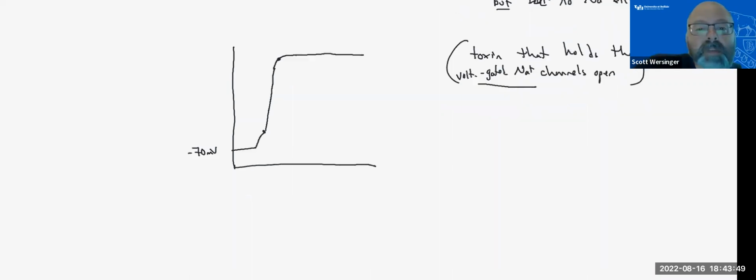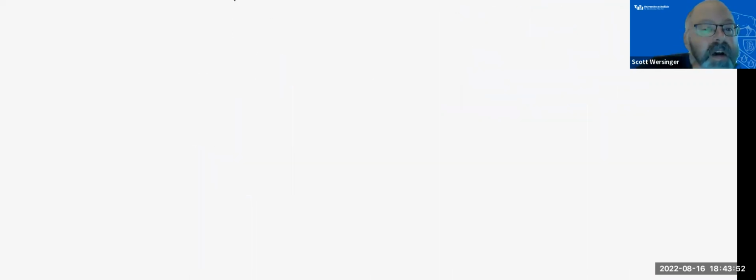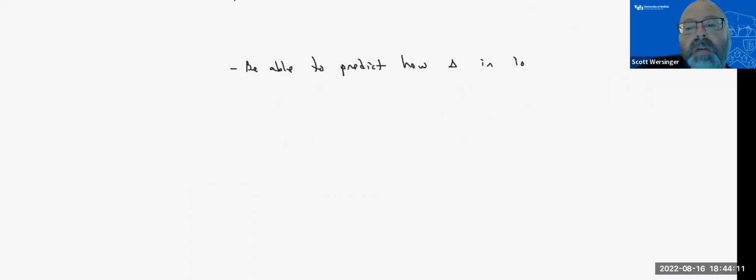So that's kind of the basics of the membrane potential and the action potential. Be able to predict how changes in ion concentration affect the membrane potential. This is at rest.